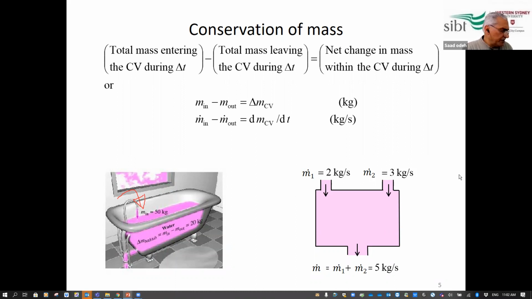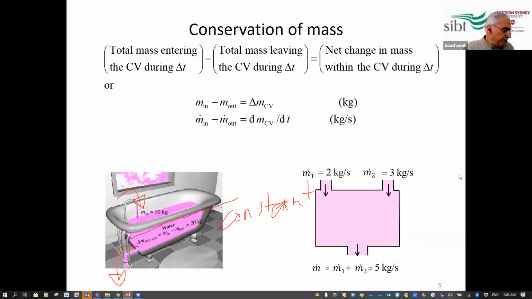In the meantime, there is a drain from the tub, leaving the water leaving the tub to the drain. Okay, if the coming mass equals the leaving mass of water, then the level of water inside the tub will remain constant. There is no change in the level of the water inside the tub.